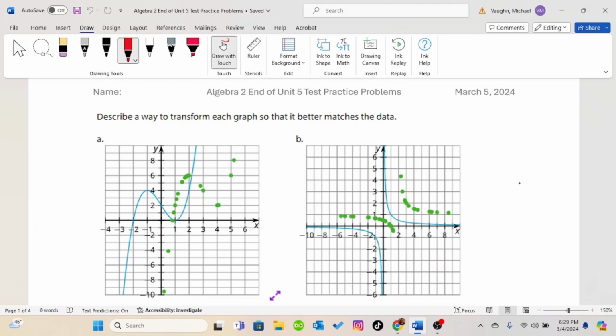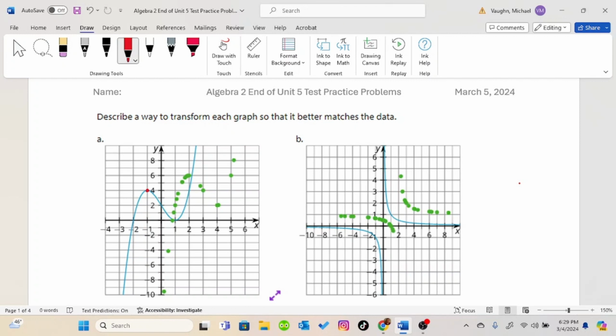Describe a way to transform each graph so that it better matches the data. So what they're saying is you need to transform the blue line so that it fits the data plotted by the green points. The best way to do this is pick points on the graph right at the crosshairs.